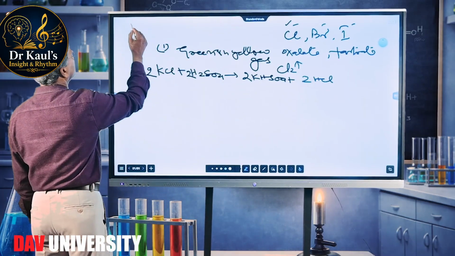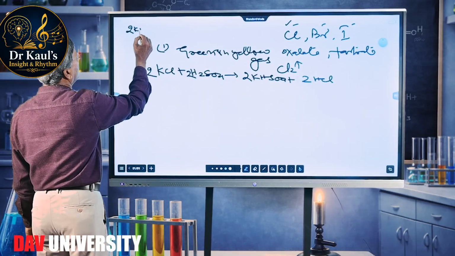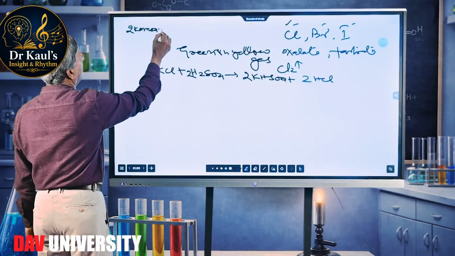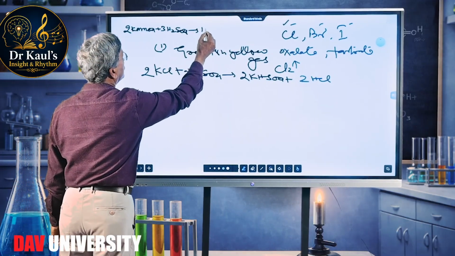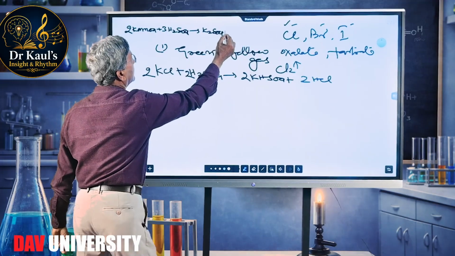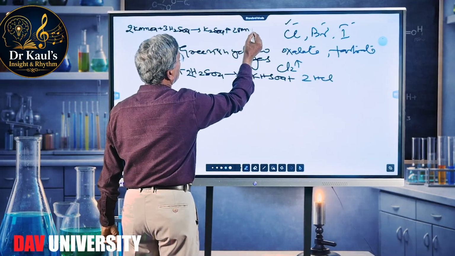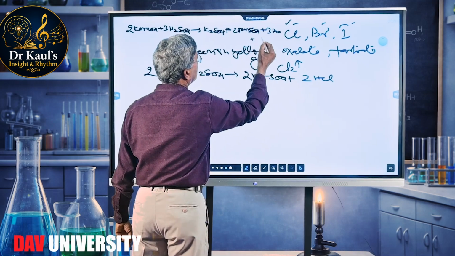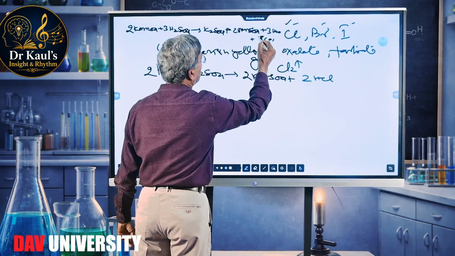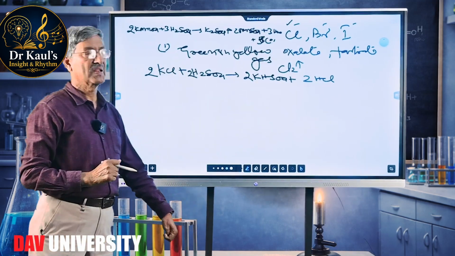This basic equation is 2 KMnO₄ plus 3 H2SO4 gives you K2SO4 plus 2 MnSO4 plus 3 H2O plus 5O. This is the basic equation.